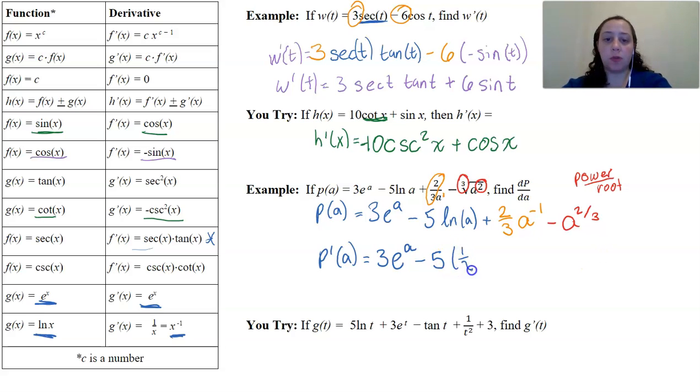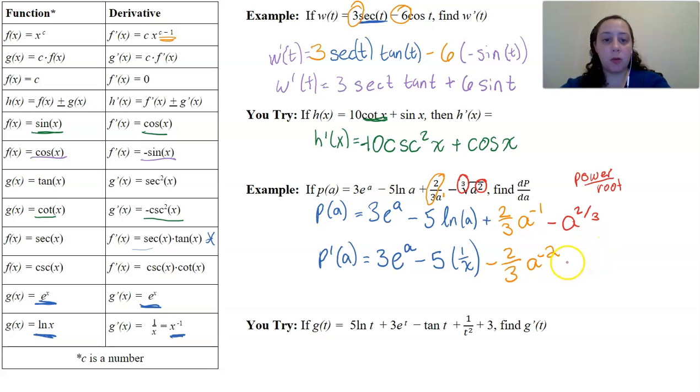You can choose whichever one you want. And then the derivative of 2/3 a to the negative 1. I'm going to move my exponent to the front. So that will become negative 1 times 2 over 3, which is negative 2 over 3 a, and subtract 1, right? I'm using my power rule here. Negative 1 minus 1 is negative 2.